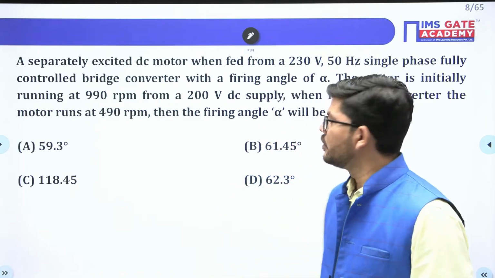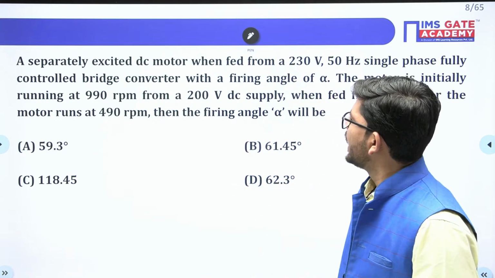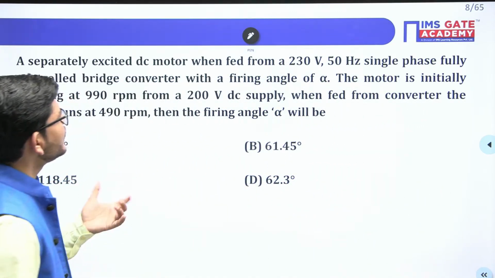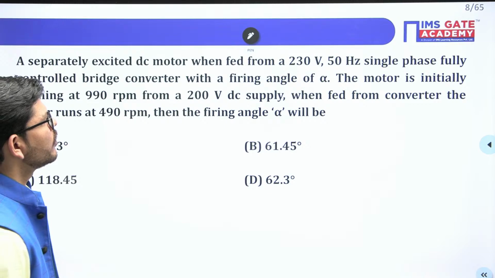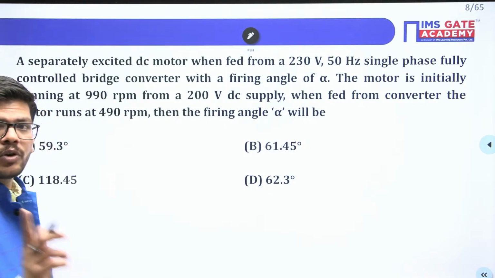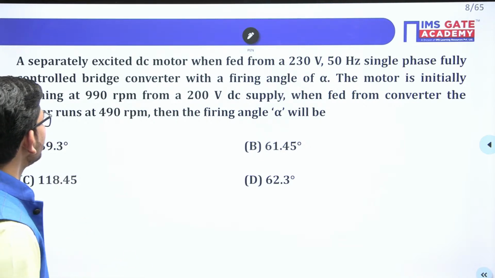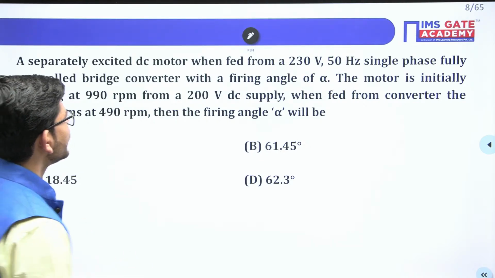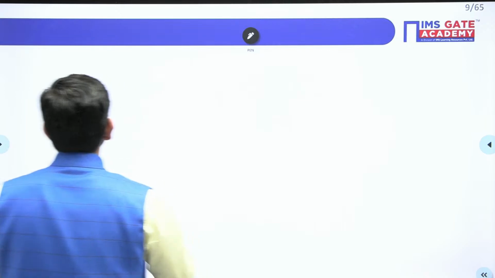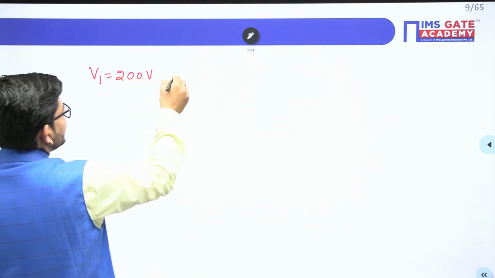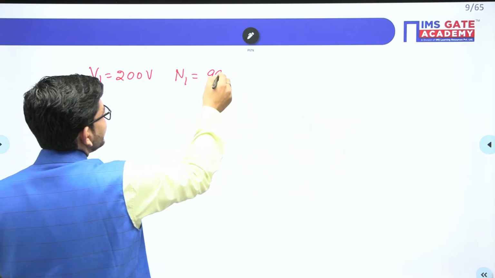Now we have to calculate the firing angle. So what has been given to us? A separately excited DC motor when fed from 230 volt 50 hertz single phase full bridge converter. The motor is initially running at 990 rpm from a 200 volt supply. So initially the voltage is 200 volt and the speed of the motor is 990 rpm.